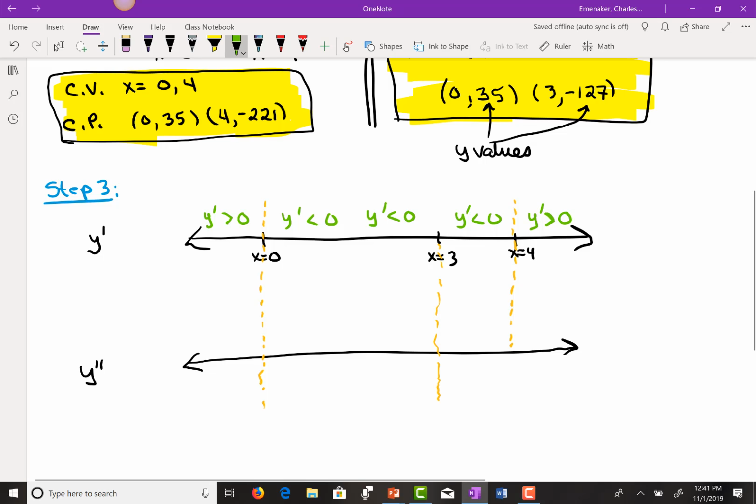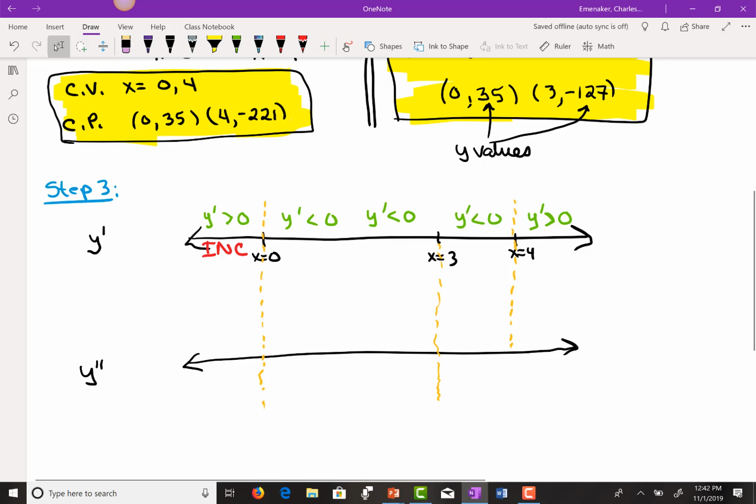Before I go on any further, I'm going to write down what that first derivative means. On the leftmost interval, see it where it's y prime is greater than 0? That means the function is doing what on that interval? It's increasing. So I'm going to write down, before I forget, that along here it's increasing.